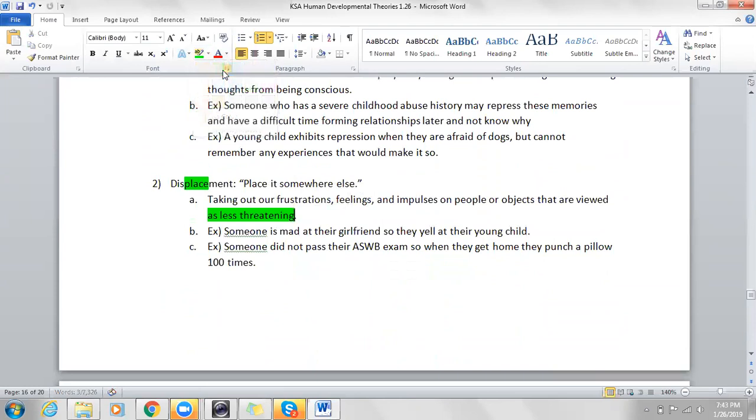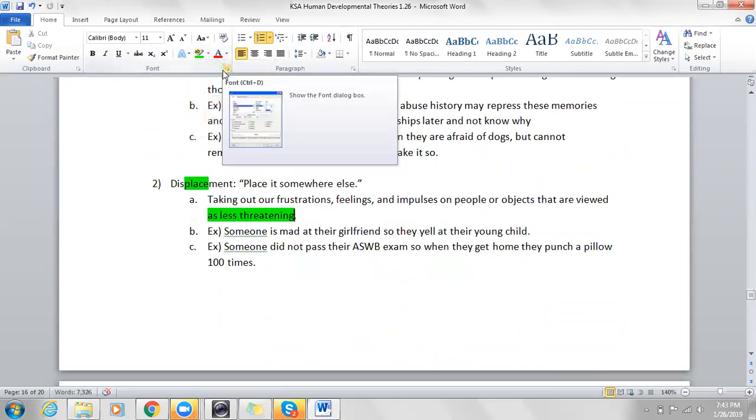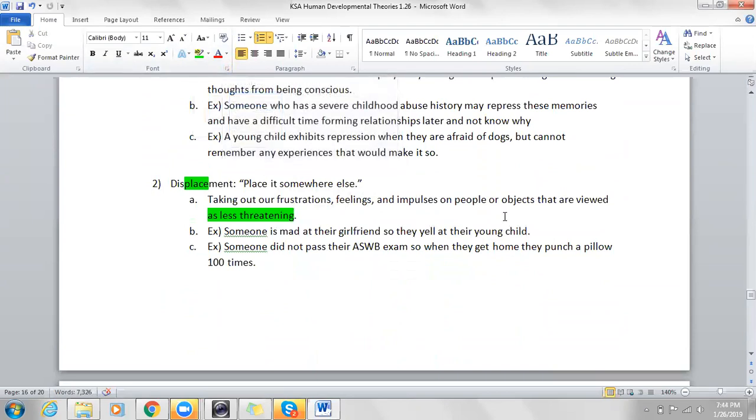So meaning I have a feeling and emotion that I have towards somebody that has some potential power over me, and then I express it on something that's less threatening. Projection is feelings and actions that I have, and I'm simply placing it onto somebody else for the sake that I don't want to admit that I have them.